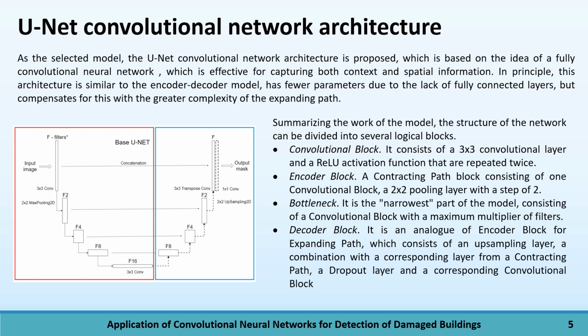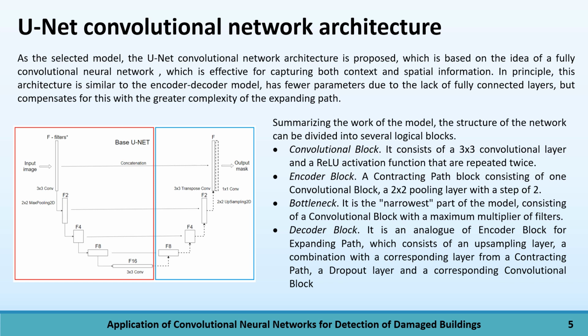Summarizing the work of the model, the structure of the network can be divided into several logical blocks. The first is convolutional block. It consists of a 3x3 convolutional layer and ReLU activation function that are repeated twice. Encoder block is a contracting path block consisting of one convolutional block and pooling layer.